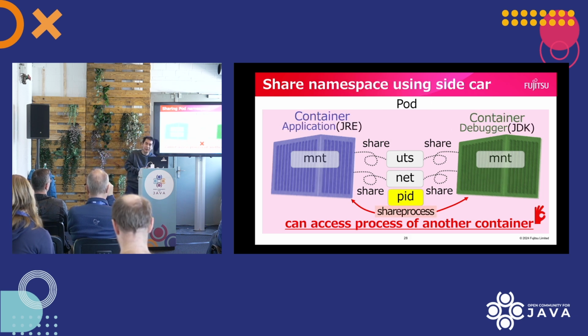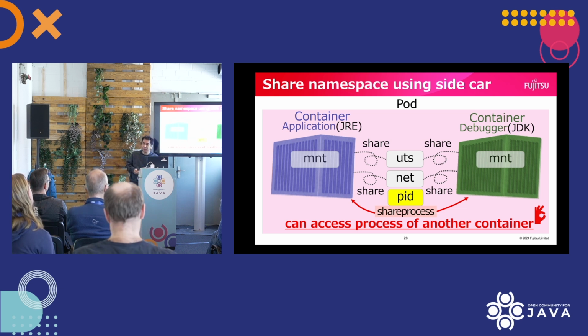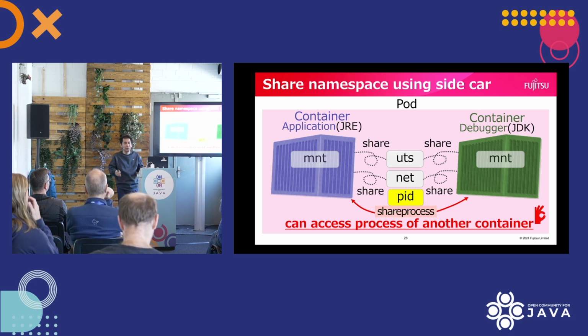But there is a way to share the namespace among the containers. How to do that? First, you prepare the application container with a smaller size image, such as JRE, and also prepare the debugger container, which includes a lot of useful troubleshooting tools, such as JDK. At this moment, there is nothing different from the usual pod.